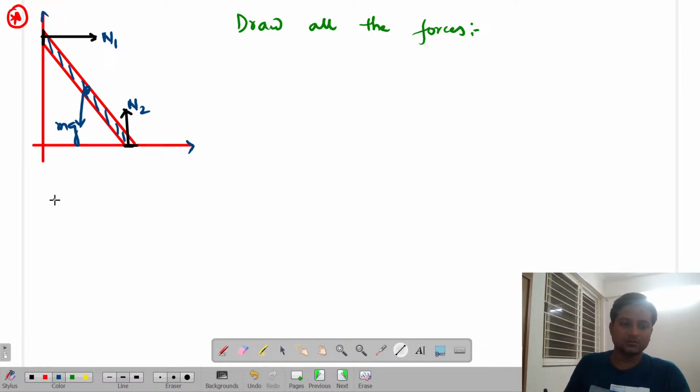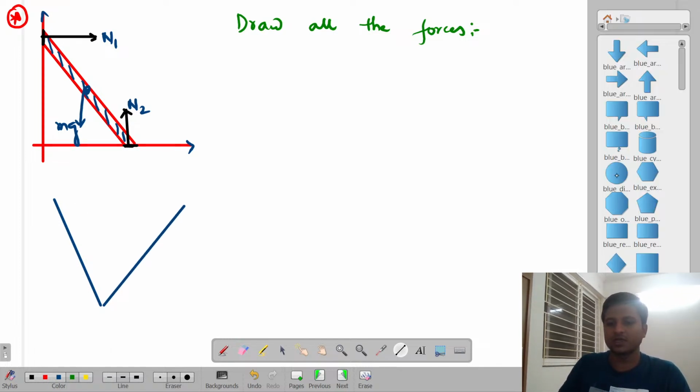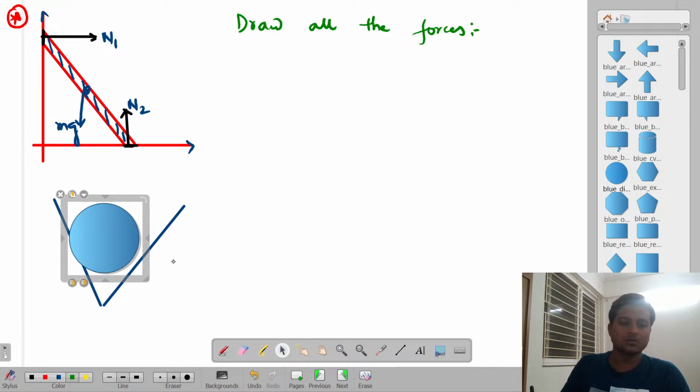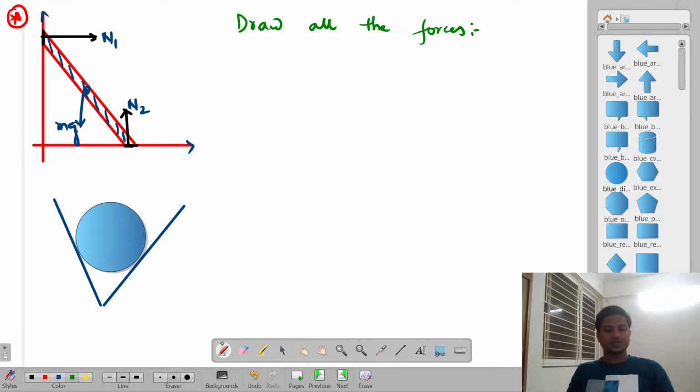Similarly, if I take two different rectangular wedges and place a sphere between them, okay? Are you able to get me or not? Yes. So then the question is, draw the normal. How many normals will be there? Because this is my first point of contact, isn't it? And this is also my second point of contact.